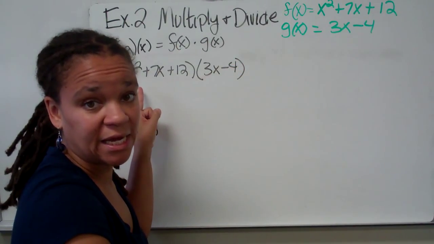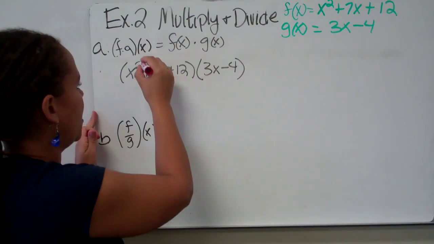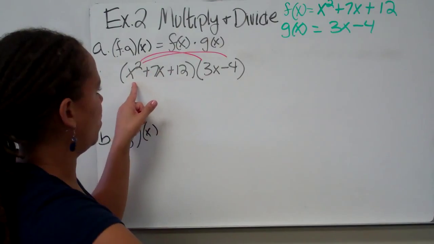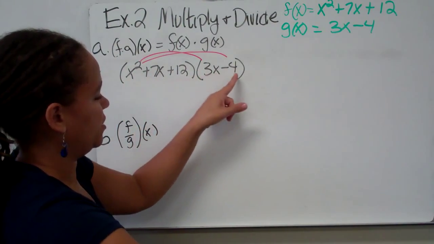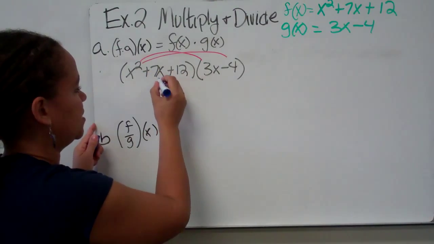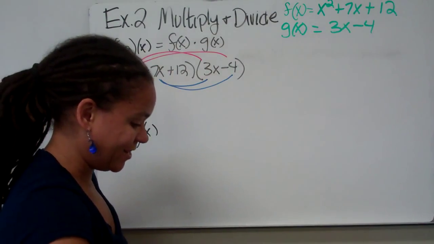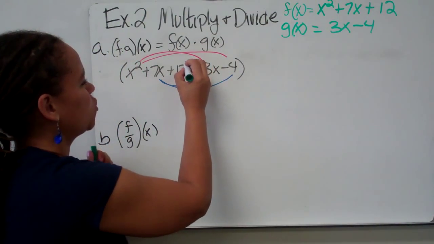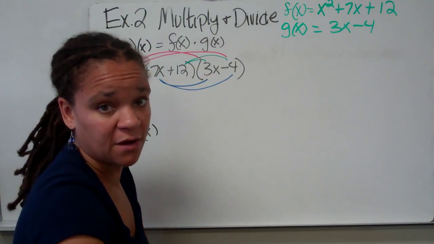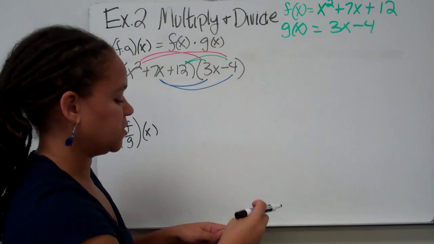So now I need to take each one of these. x squared is going to be multiplied by both terms here. So I have x squared times 3x, x squared times minus 4. Then I'm going to have to multiply the 7x times everything in here. And finally, I'm going to have to multiply the 12 times everything in here. So we're going to have a lot to keep track of, but it's really not that bad if you just stay organized. So let's start with the red.